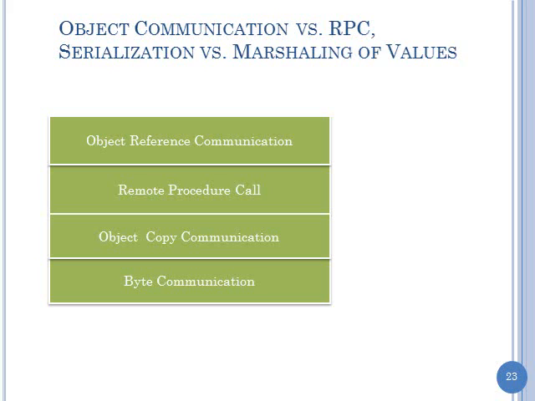So this is very interesting: object communication is split into two layers, and in between is RPC. You could be referring to something remote, and you'd have to figure out how you're going to serialize. So RPC is built on top of this, and object is built on top of RPC.